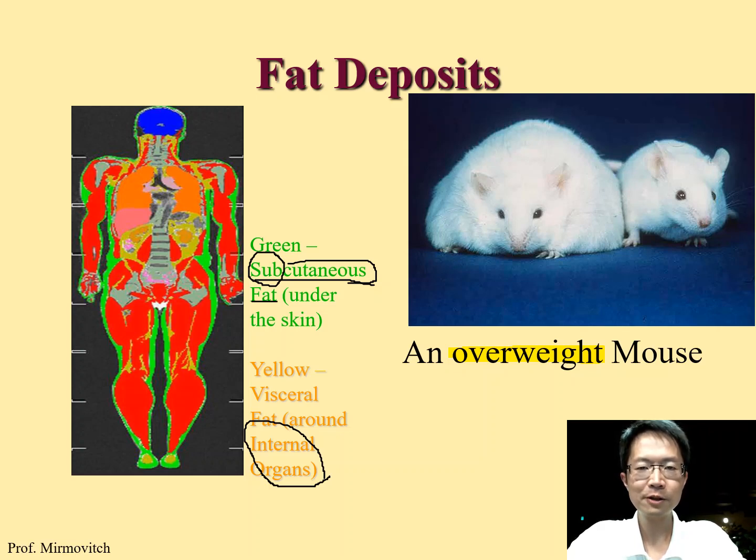We have two types of bone marrow: yellow bone marrow and red bone marrow. Red bone marrow is for making red blood cells, and yellow bone marrow is for storing fat. So other than subcutaneous fat and visceral fat, we also have yellow bone marrow to store body fat.